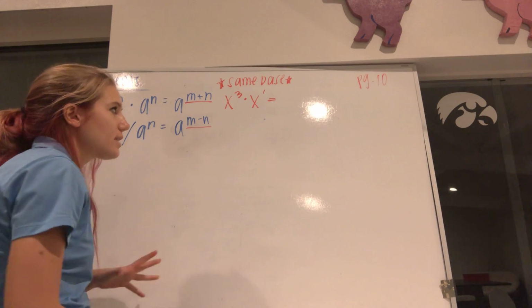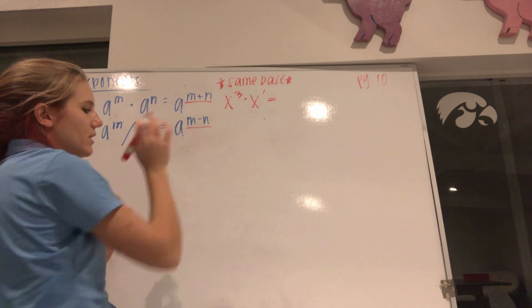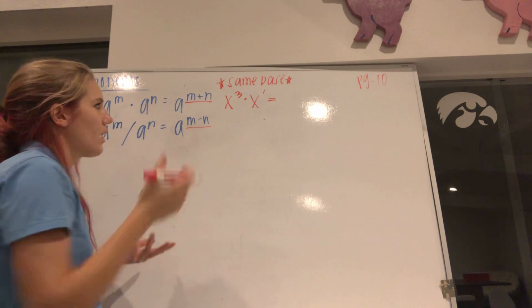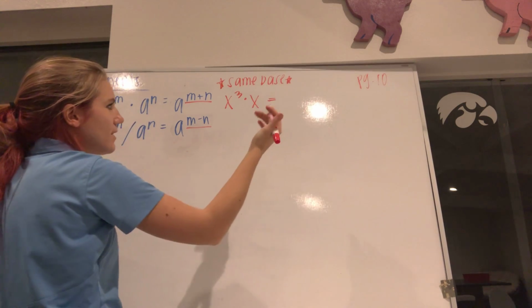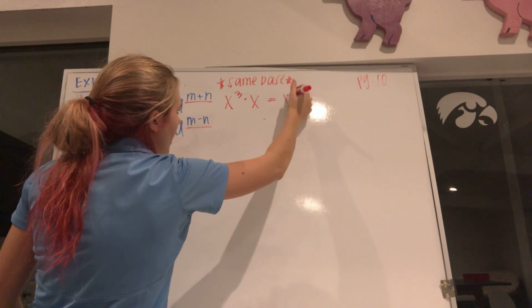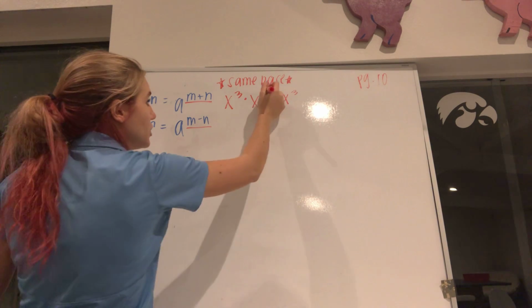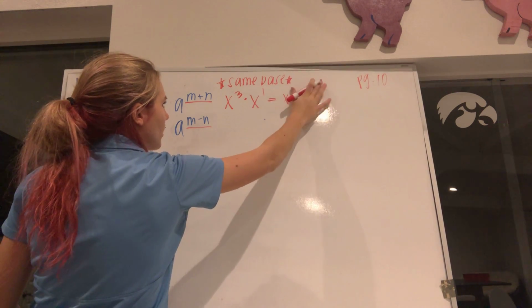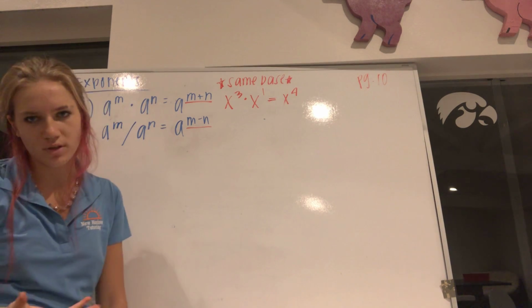If you're new to this, I would recommend writing the 1, because that'll instill, okay, I have to add 3 and 1. Sometimes people don't see that and just say there's nothing there to add, so it's going to be x to the 3rd, which is incorrect, because we do have an exponent here, it's just not written out. So in that case, it's going to be x to the 4th.